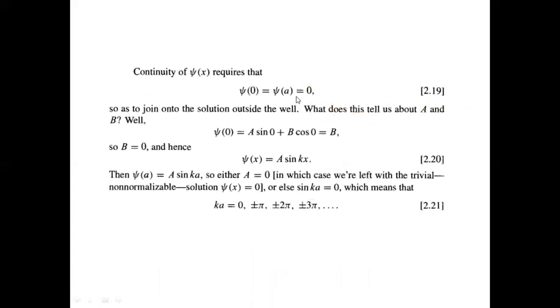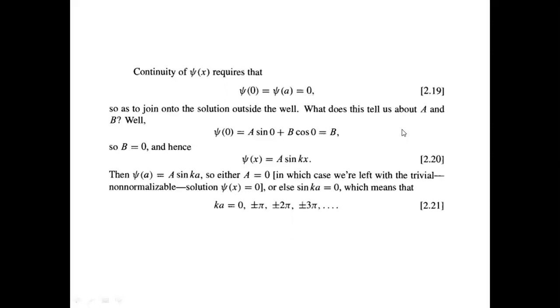This is called the continuity condition. And at these boundaries, the probability amplitude should go to 0.